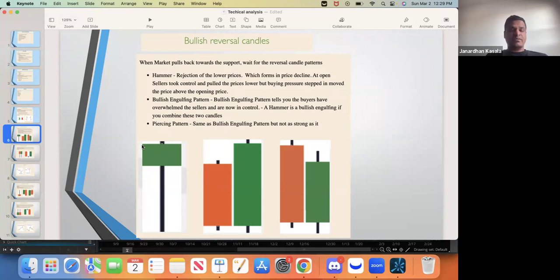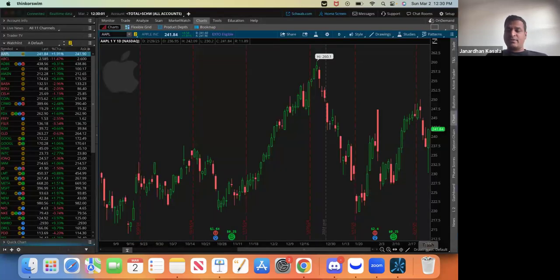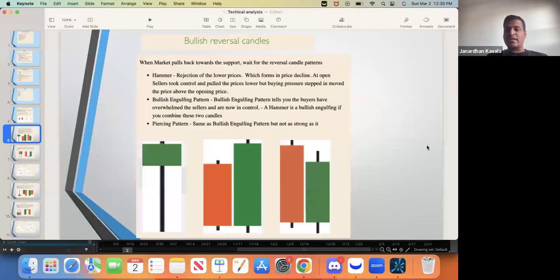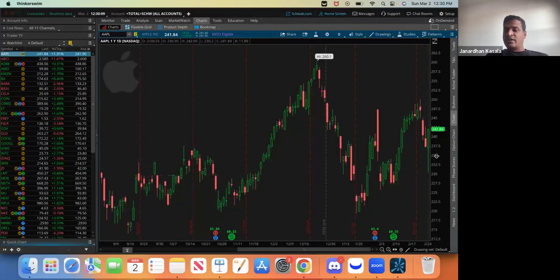Let's take this example, where bears try to pull the price down. It's kind of a perfect example, it looks like a hammer. If you look here, the day started at 236.